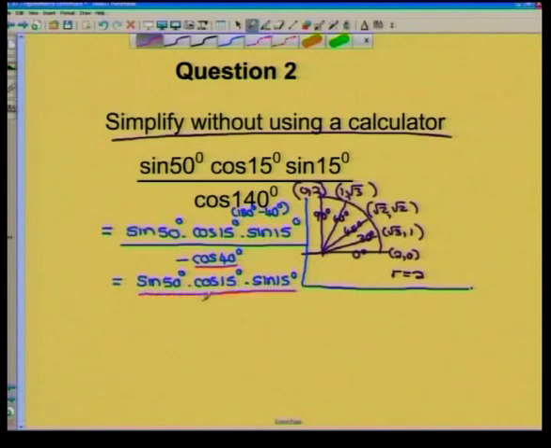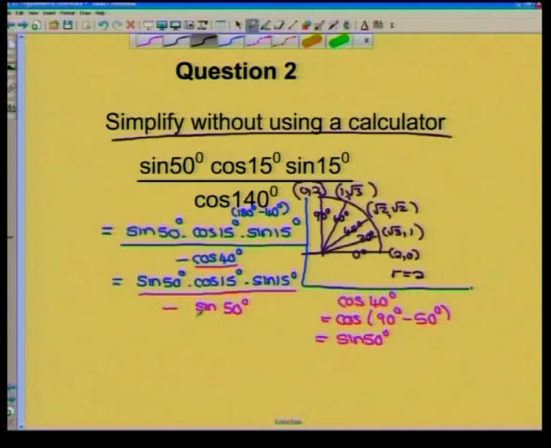So it's over and negative. Now I know if I make this a 50, because it adds up to 90, this cos will change to sine. Remember, the procedure is actually cos 40 equals cos of 90 minus 50. And then from our reduction, that is sine 50. Now that's very good news, because now I can cancel or divide that into that and get rid of it. So I'm left with minus cos 15 sine 15.